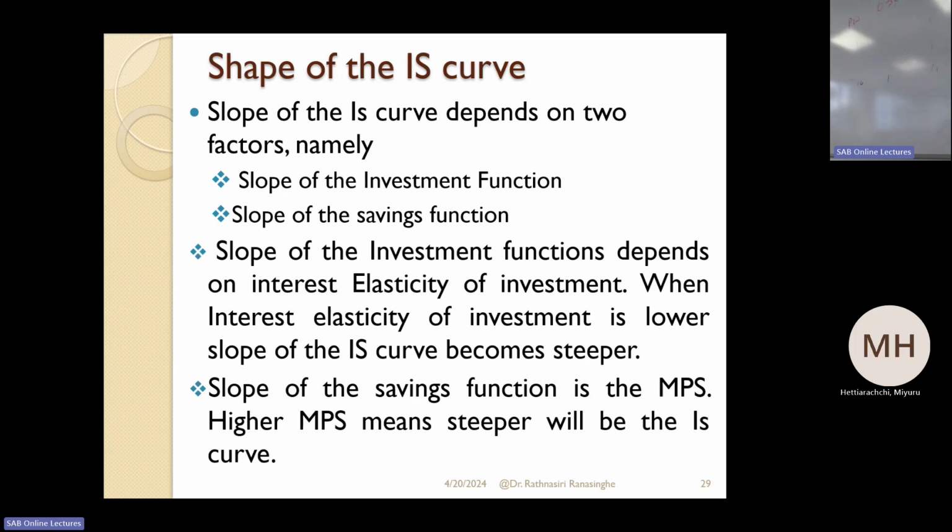In the same way, the MPS determines the slope of the saving function, that is, how much you allocate from your income for savings. If there is a high MPS, even with a small rise in income, you allocate more for savings, so that means we have the flatter.